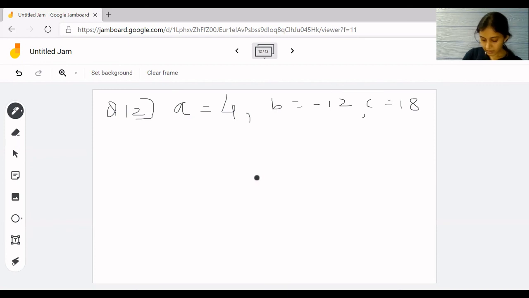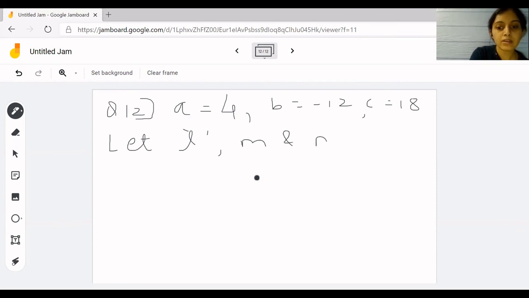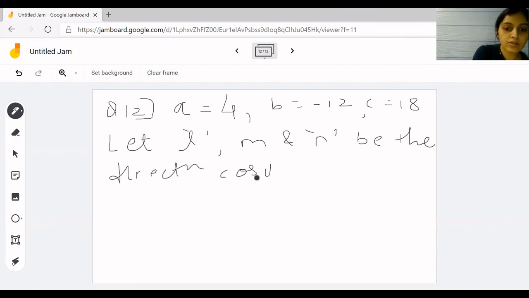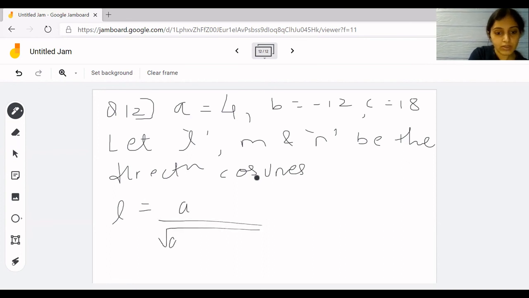Then we have to find the direction cosines. So we'll say L, M and N are the direction cosines. Now L is equal to A upon root of A square plus B square plus C square. Let us substitute the values.